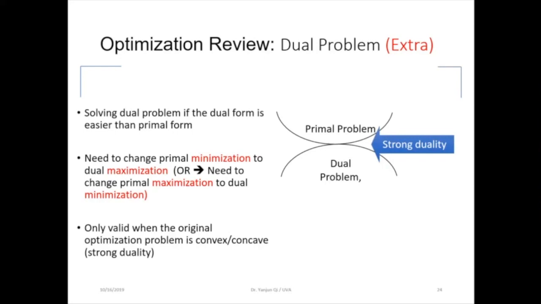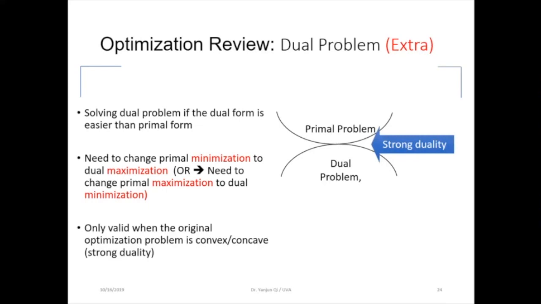So I'm changing the primal problem, and my primal problem's best point touches the dual problem's best point. For the dual problem you need to push up to maximize, and for the primal problem you push down to minimize. This is a little bit of an abuse of the concept, but that roughly gives you the idea. So the primal problem has a one-to-one mapping to a maximization problem in the dual formulation.